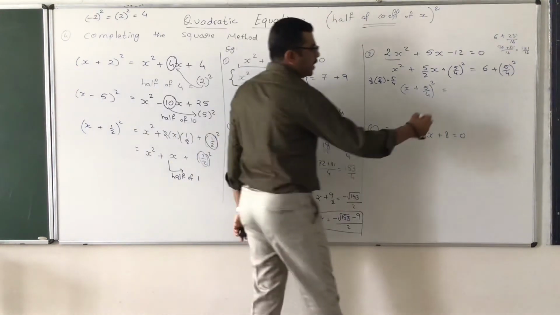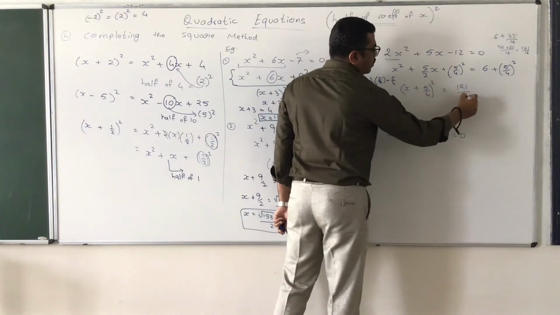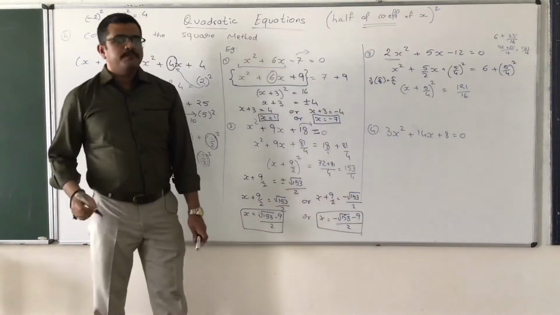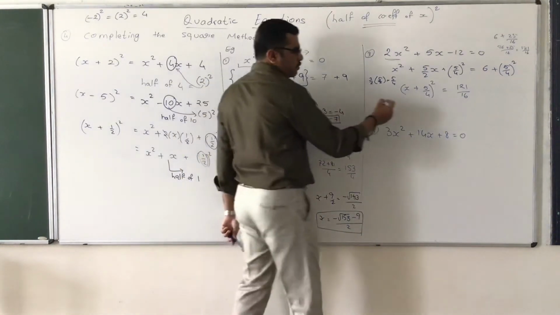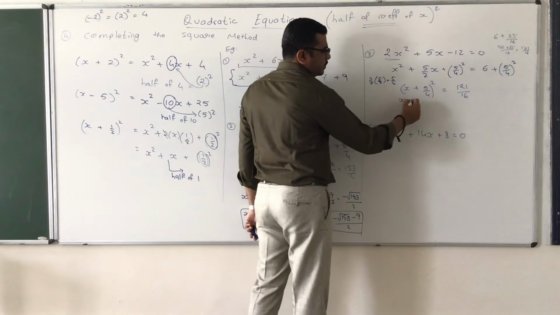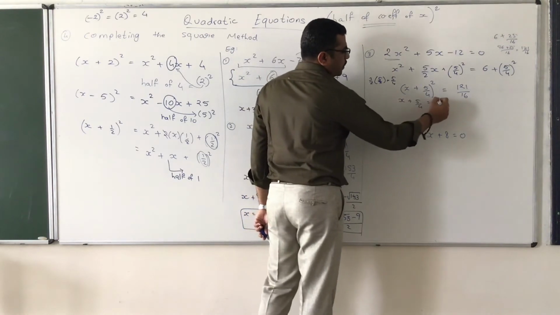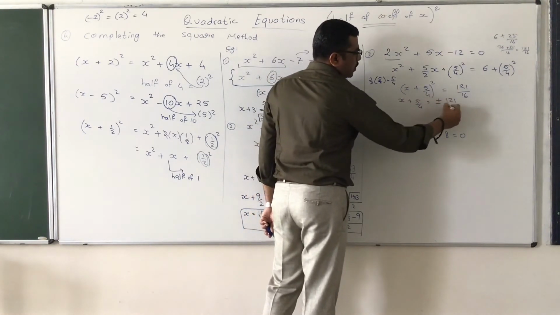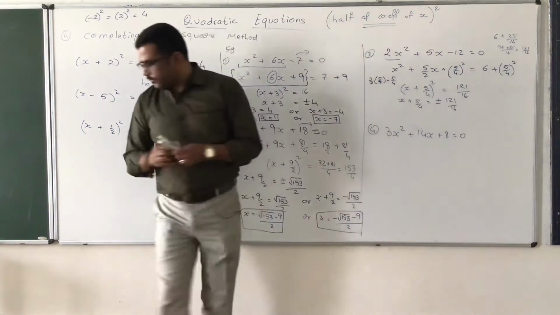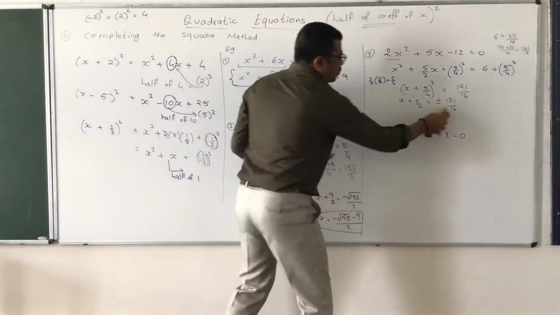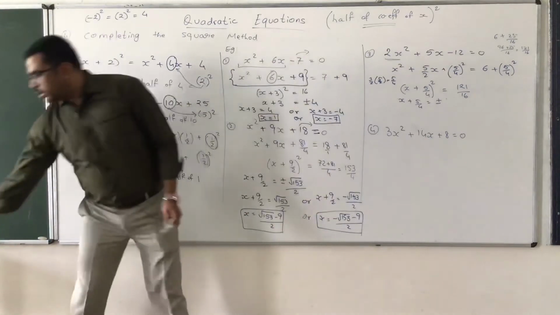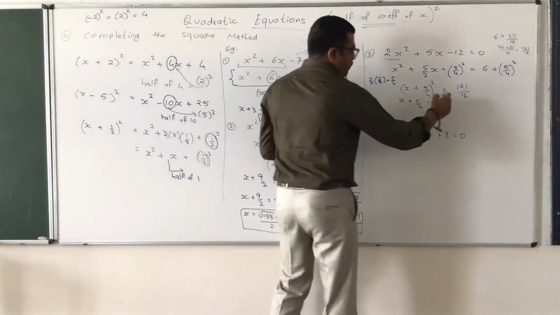So we have right hand side 121 upon 16. Now taking the square root on both sides will give x plus 5 by 4 equals plus or minus 11 by 4.